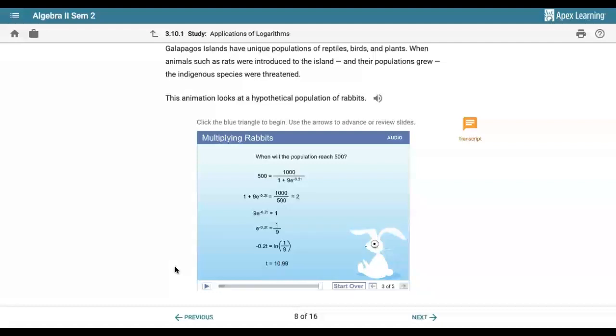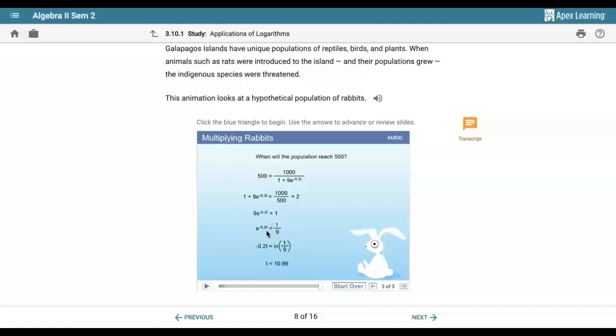The key here is getting our exponent isolated on one side and our constant on the other. Luckily for us, our base is e, so we can use our ln function to undo this e exponent.